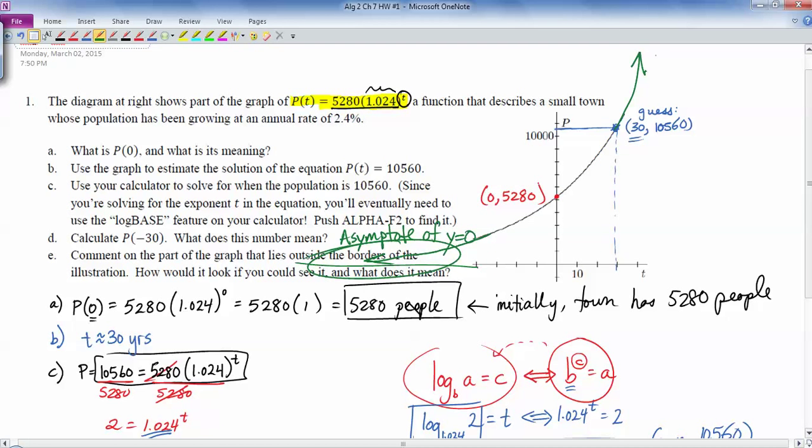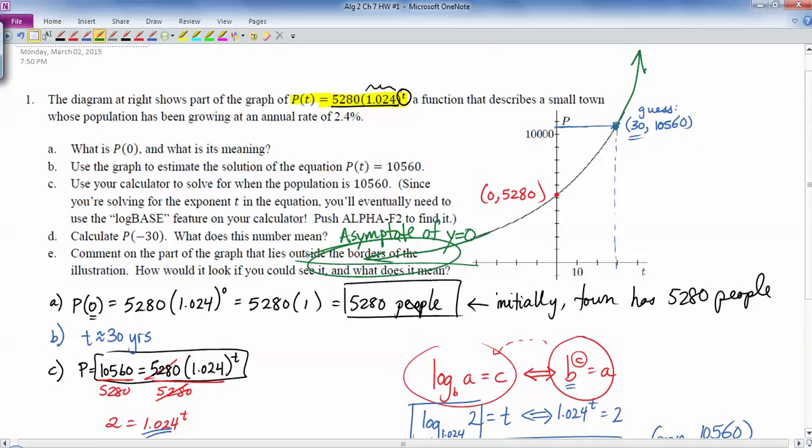And over here, it just keeps going upwards to infinity. If I go backwards in time, the population decreases, gets smaller and smaller, but you can never have negative people, so you never actually get past 0. Whereas on the right side, if the population keeps growing, it'll just keep going up and up and up.